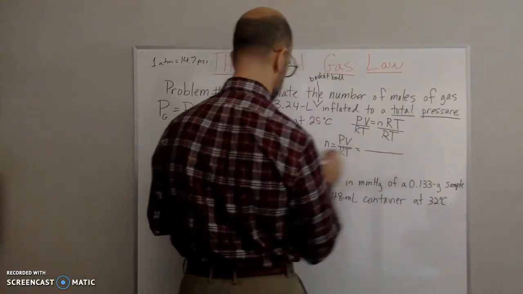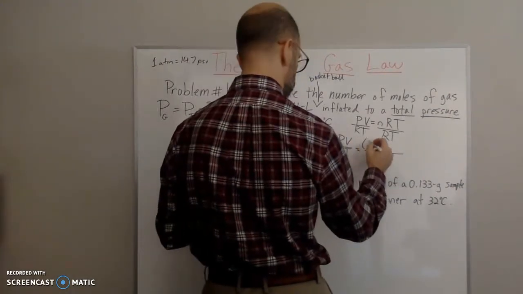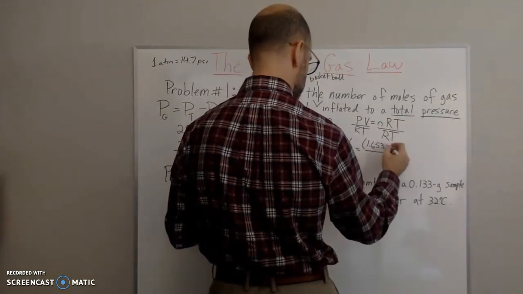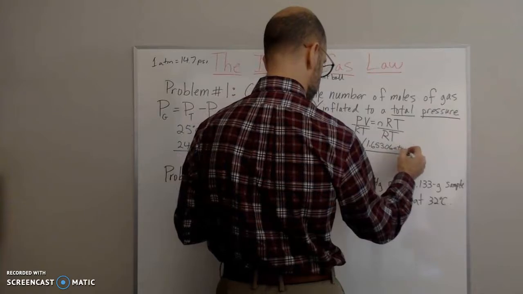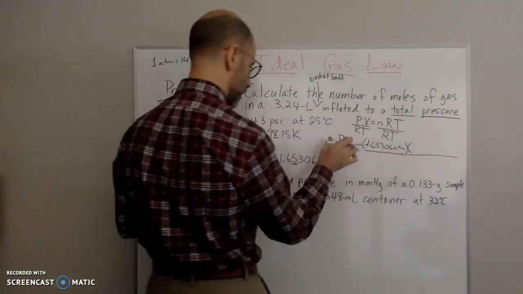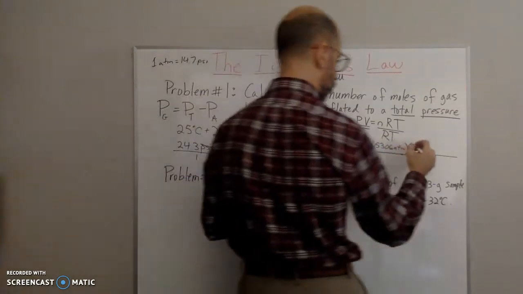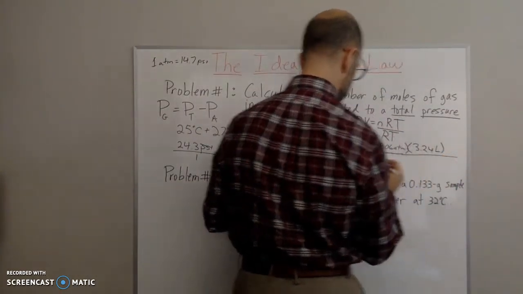So pressure is in atmospheres, so I have 1.65306 atmospheres. I'm going to multiply that by the volume, which is 3.24 liters.